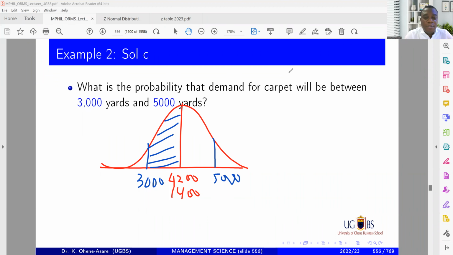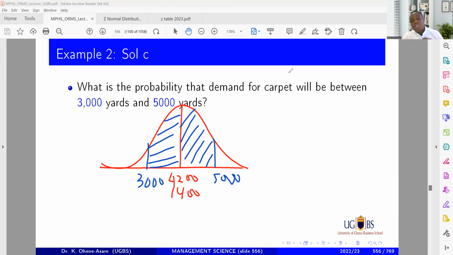Yes, that's it. Once you have mastered how to do the shading, you should be able to know the area you are looking for is between 3,000 and 5,000.